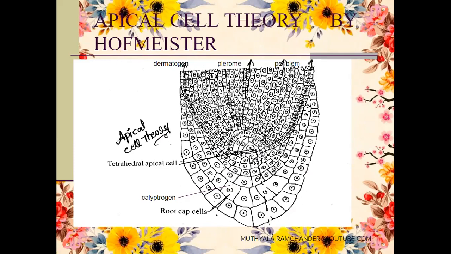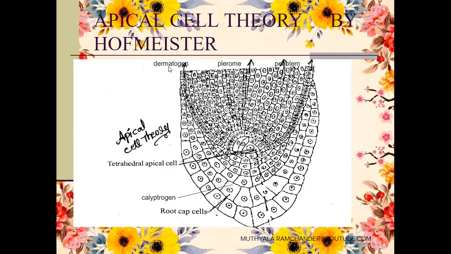It has 4 faces. The 4 faces of the pyramid cell, or tetrahedral apical cell, participate in periclinal divisions. It develops into a larger number of meristematic tissues.